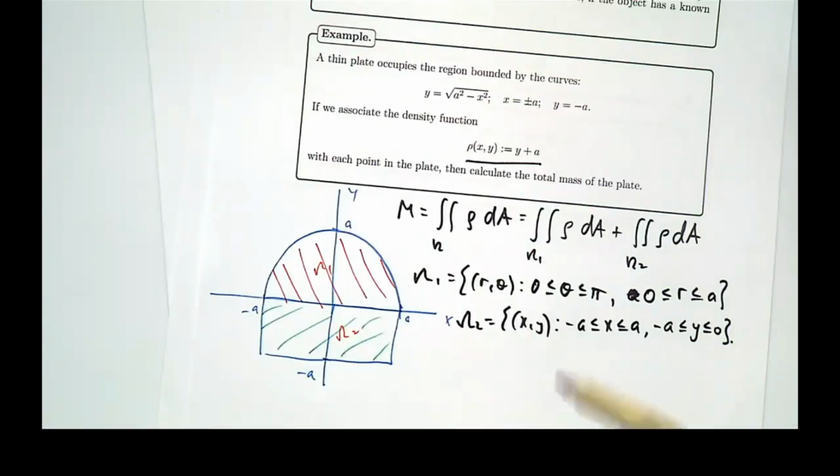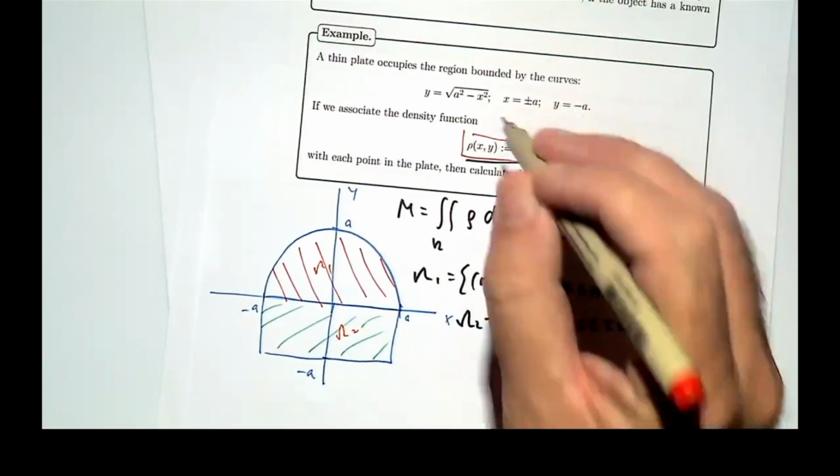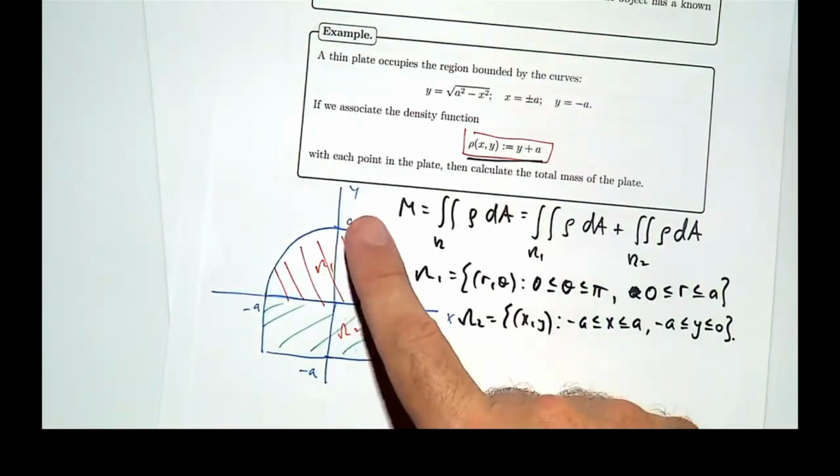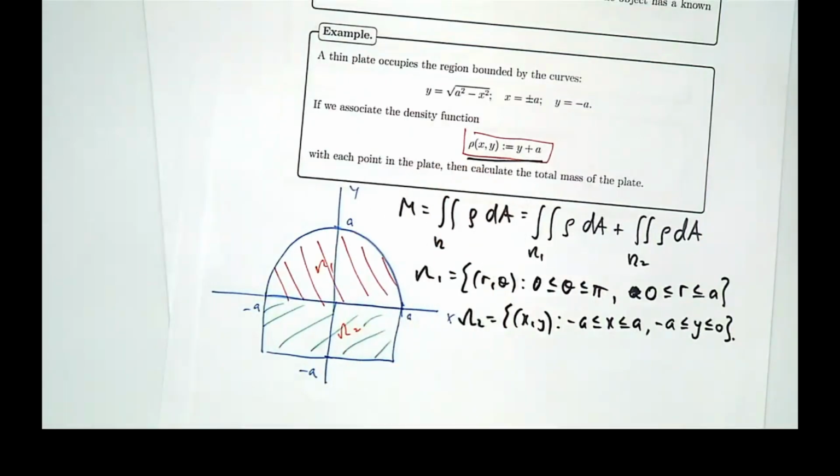Okay, so let's look at the mass now. There's our function, okay? So, sort of as you go up the x-axis, the density of the plate or whatever it is increases. That's the way I would interpret it.